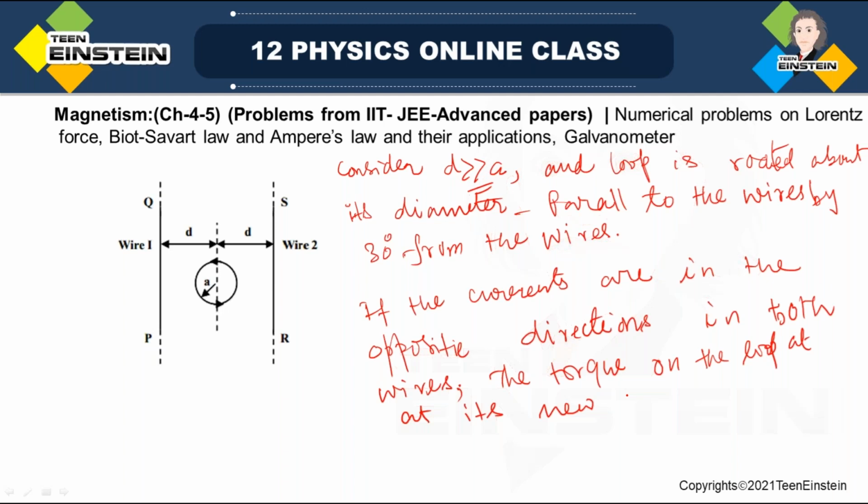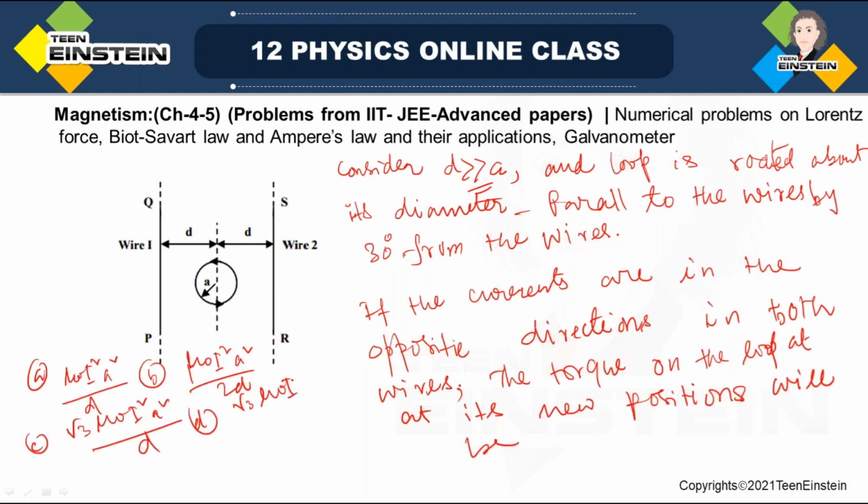And we have to multiply by 2 here for two wires. So this is the magnetic field produced by both the wires. Okay, so this will be mu 0 I by pi d.